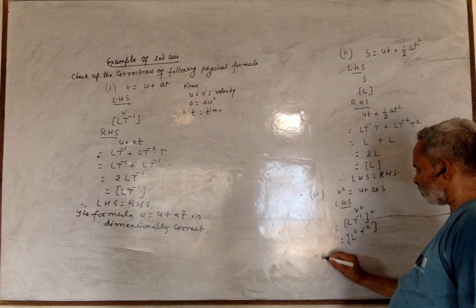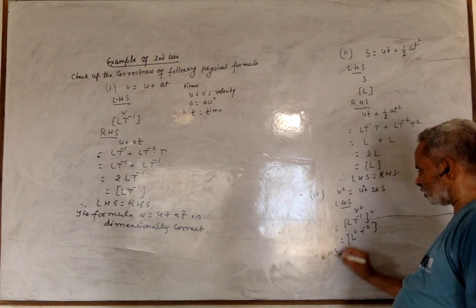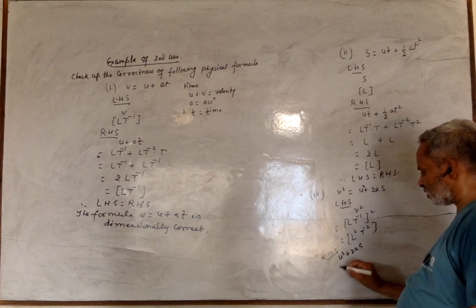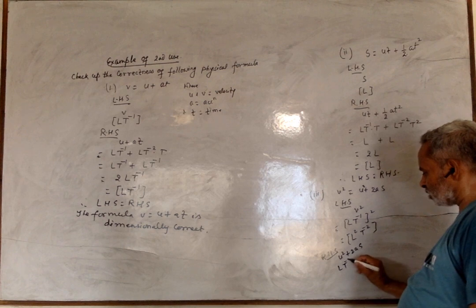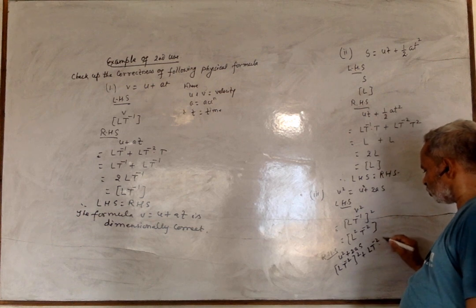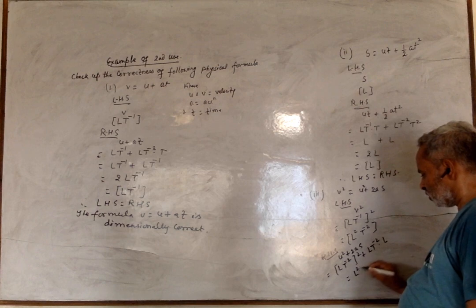Now the dimension of RHS: U square plus 2AS. U is LT minus 1, squared, plus A, LT minus 2, into S, L.